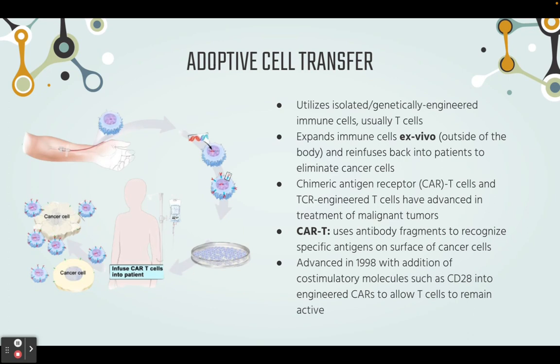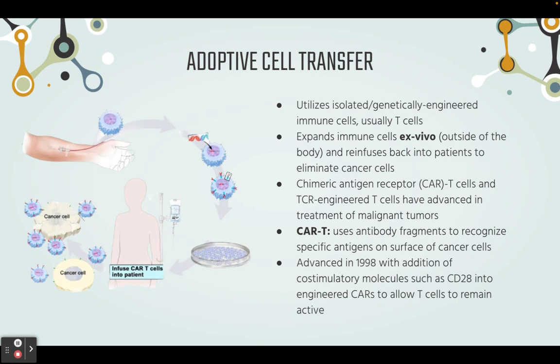And then what I also focused on when looking at research papers was mainly adoptive cell transfer, which is better known as CAR T. So CAR T therapy utilizes isolated genetically engineered immune cells, usually T cells. It takes those and isolates those T cells, and then it expands immune cells ex vivo, so it takes them outside of the body.